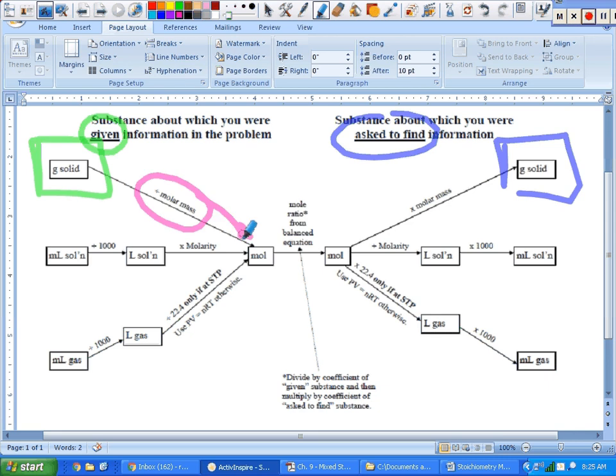What's the next step? I've got to go from moles to moles. Would you agree? And can I stop right there? And then the last step is I've got to get from moles to grams. And here's the best news of the day. This is the most complex problem you'll ever see, and it's three steps. It doesn't get any more difficult than this. Say it again.